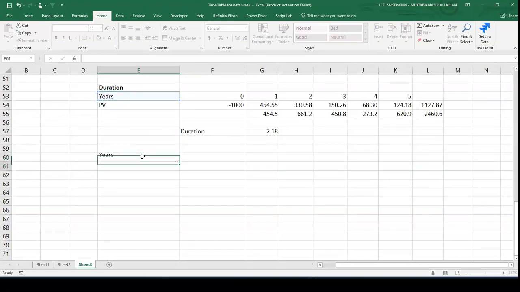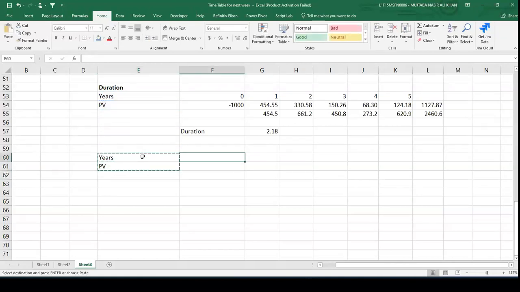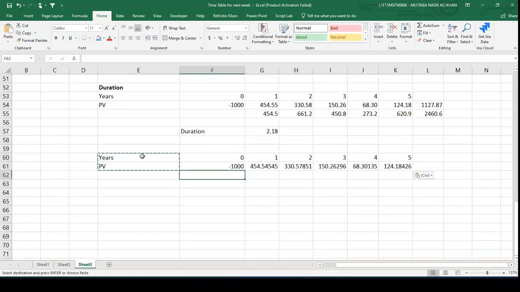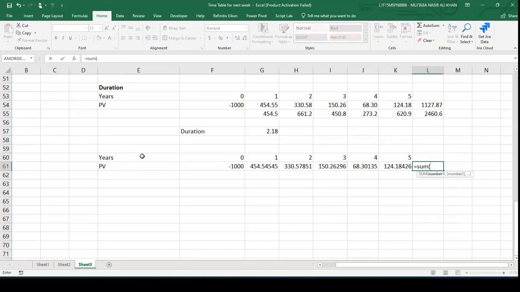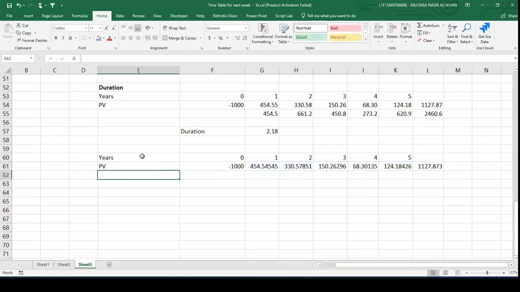which you have learned in the class. Take the sum of this. And first of all, the proportion of each year.